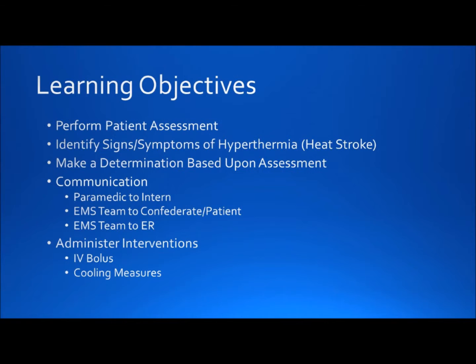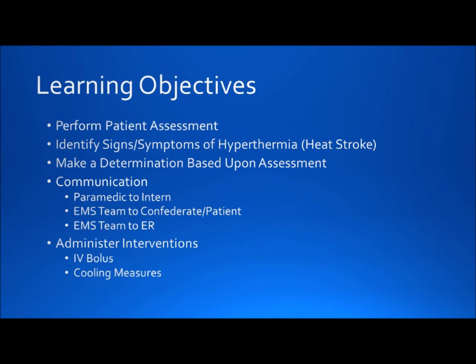The fourth objective involves effective communication between the paramedic and intern, EMS team to patient and confederate, and EMS team to the receiving ER. As topics such as effective communication can have a bit of inter-rater variability, I would encourage anyone utilizing this scenario to create a simulation rubric that is validated by your various facilitators.